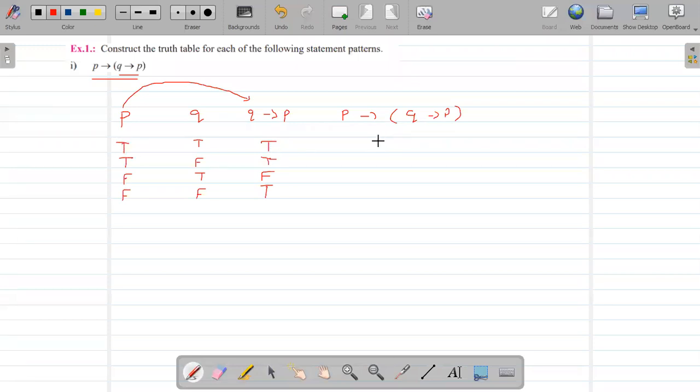What will happen? It is true, right? True, true, true. False, false, true. False, true, true. Remember the order. False, true is also true. If the first condition is true, the second one is false, then only false.